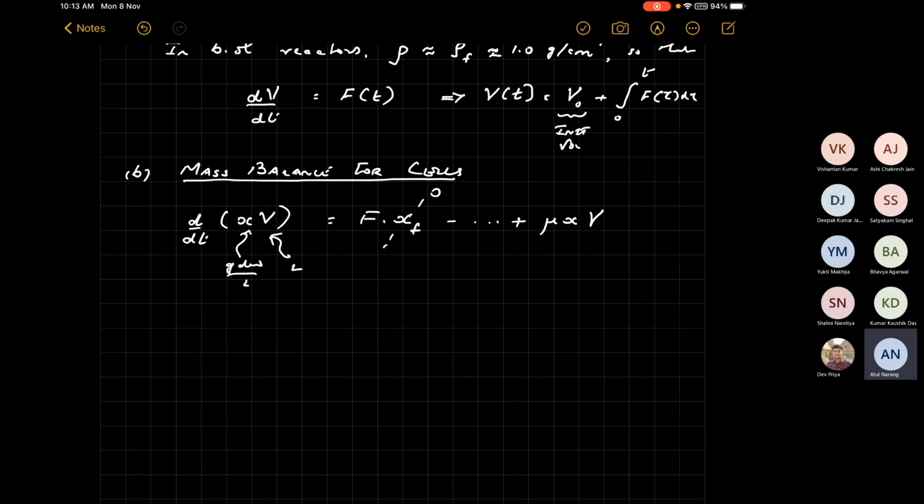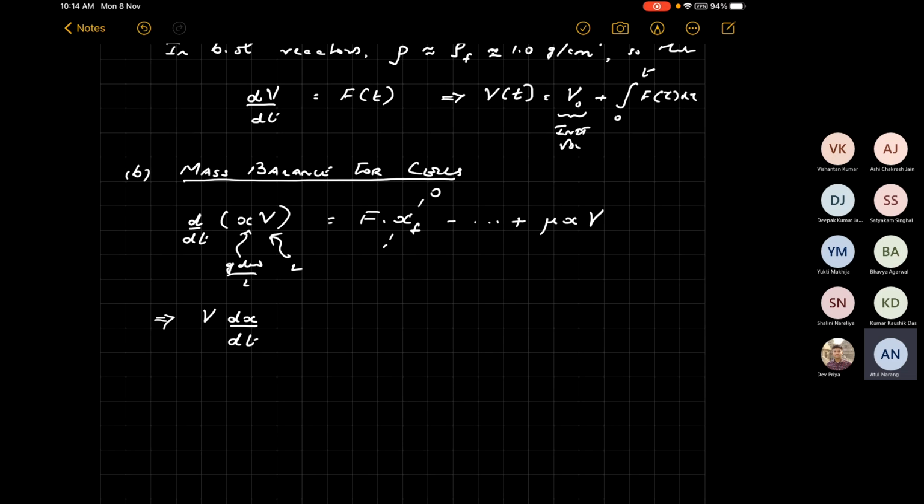Since V is changing with time, you can't pull it out of the derivative. So you use the product rule. What you get is V times dx dt plus x times dv dt.